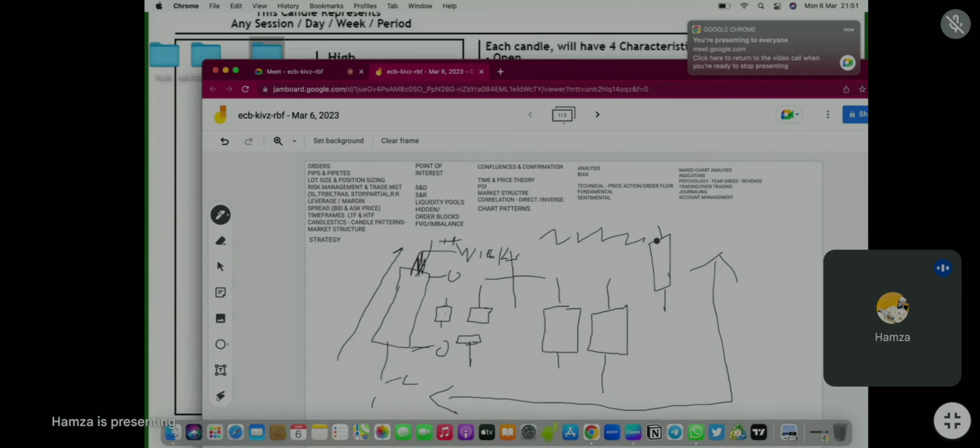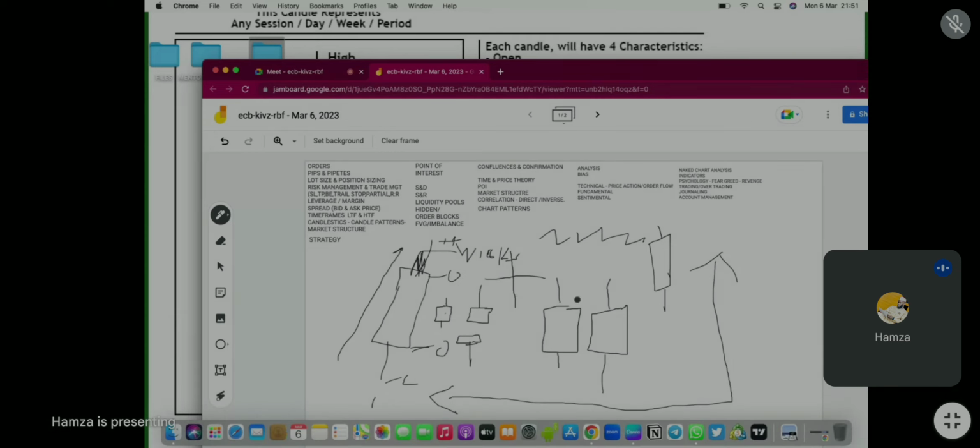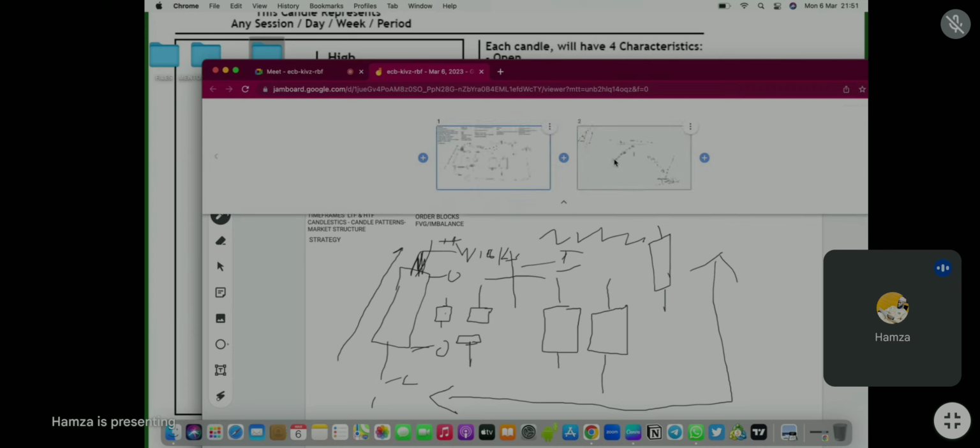There are candles that form without wicks, and there are candles that form without a body. Candles that form without a body, just wicks, normally indicate indecision, meaning 50-50 power in the market. The bulls are in charge just as much as the bears, so the buyers are in charge just as much as the sellers.